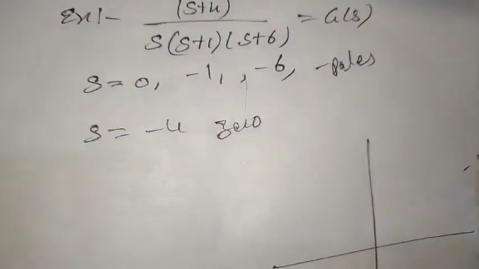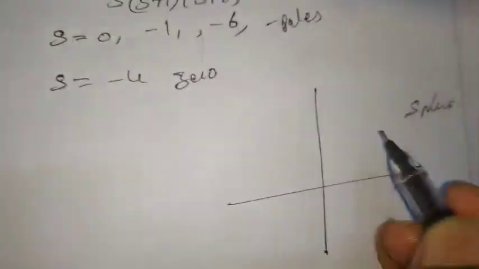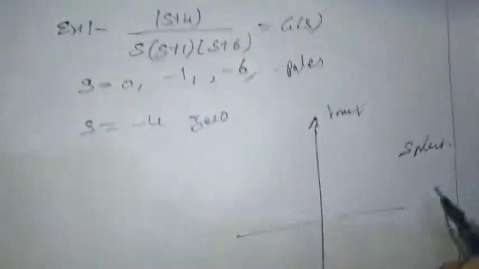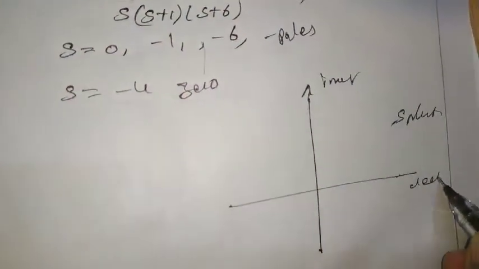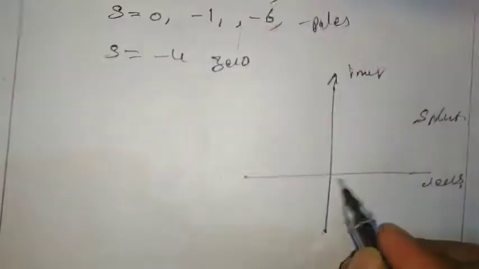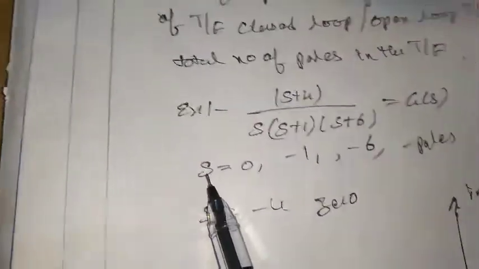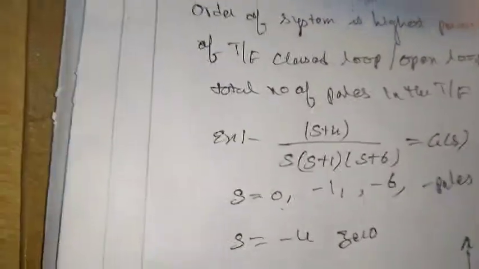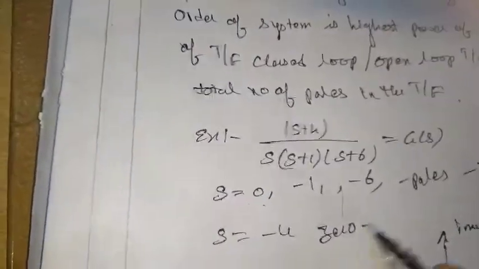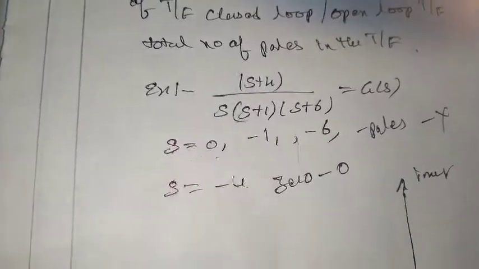If I plot the graph, this is the s-plane. In the s-plane, this is the imaginary axis and this is the real axis. This is my origin, right? So I have one pole at origin. The poles are indicated by cross marks and zeros by circles.